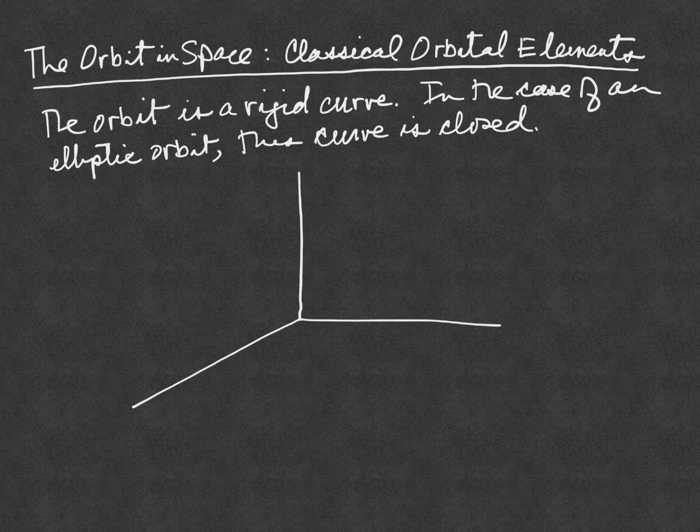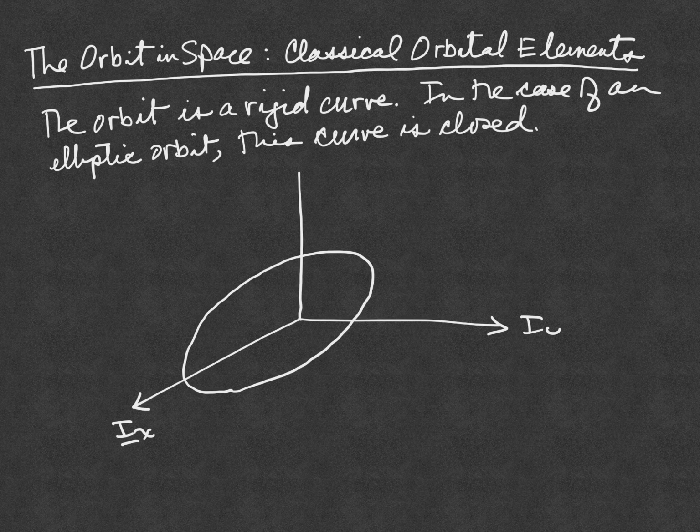So this curve, which is this orbit, is somehow oriented in space in some way, right? So I'm going to draw this ellipse. Here's my ellipse. Now, I don't know what its orientation is relative to this basis ix, iy, iz. All I know is that somehow this orbit sits here, right? And there's the point O, which is the center of the Earth.